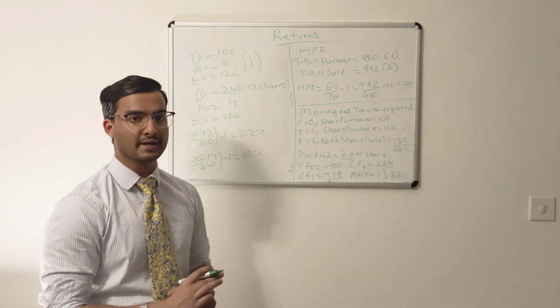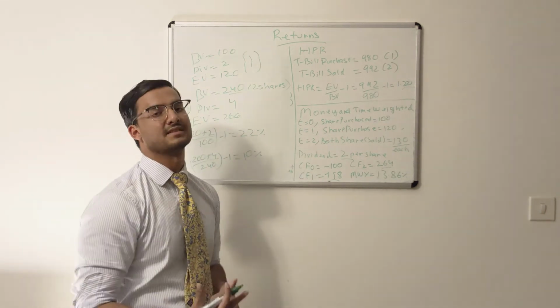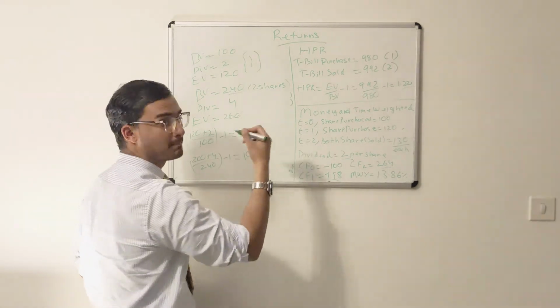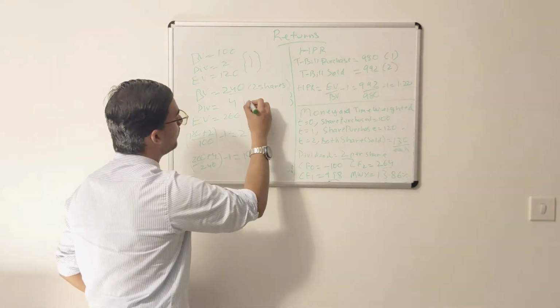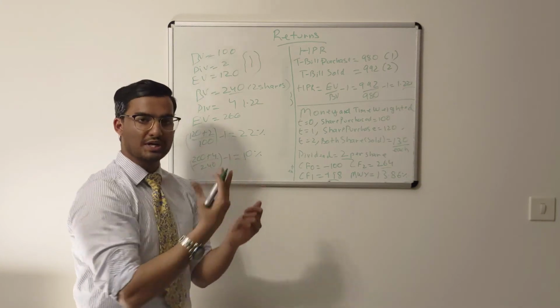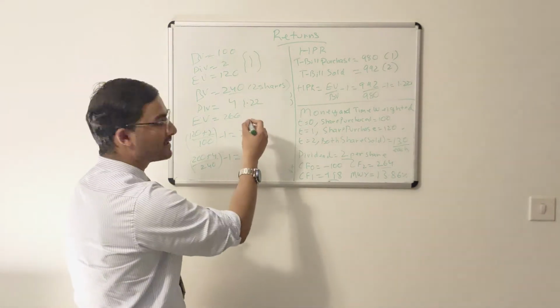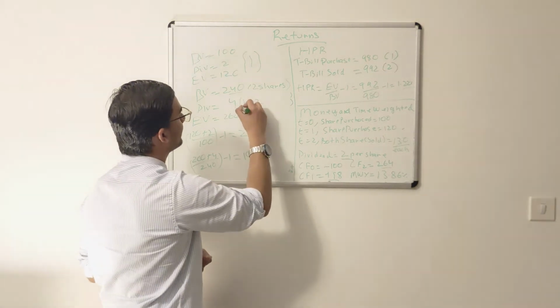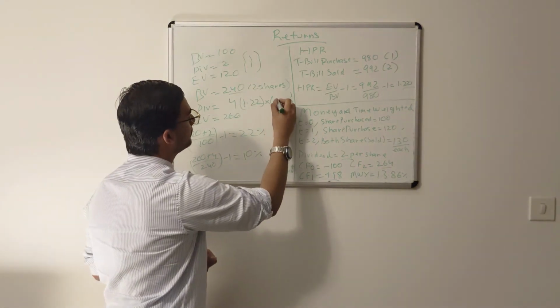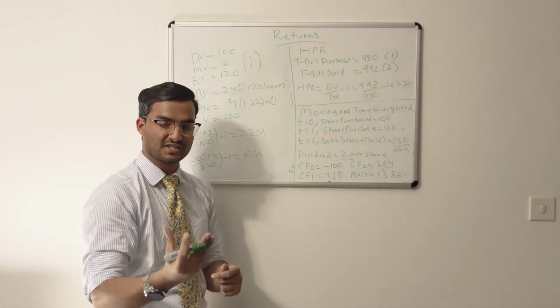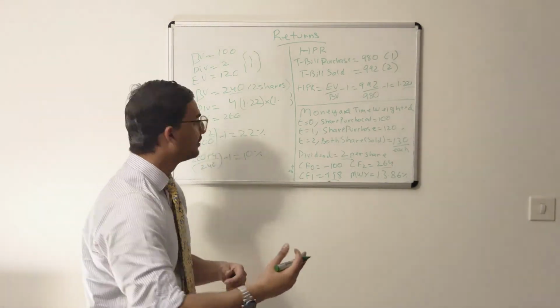Now it doesn't end over here. By the concept of the time weighted rate of return, this 22% would be added to 1. So 1.22, because 22 percent as a whole number would be 1.22, multiplied by 1.10, because your 10% will then be converted to a whole number.